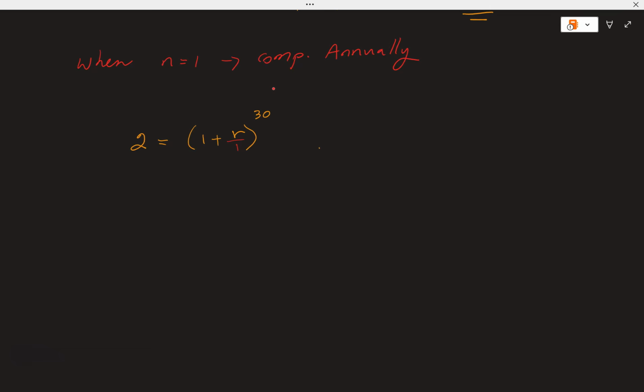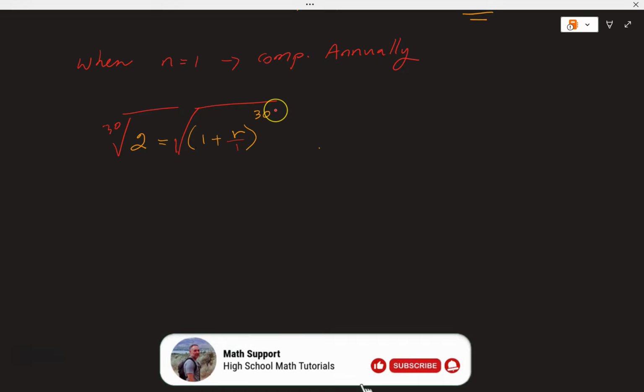So in this case now, to solve this, instead of taking the 60th root of both sides, you have to take the 30th root of both sides, and let's see what happens. So we're going to take the 30th root, 30 being the index for the radical expression.